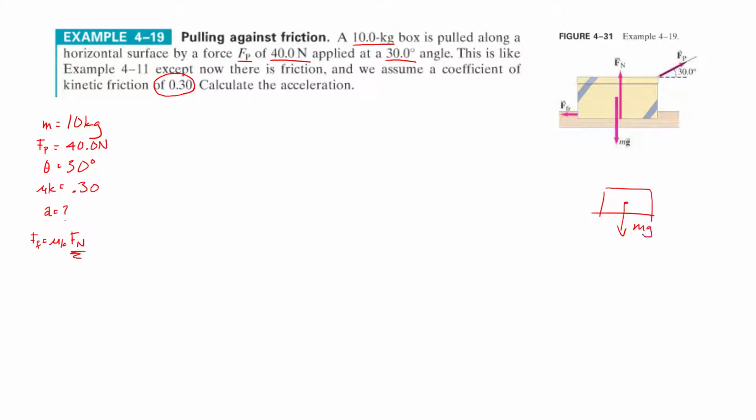We know there's mg, we know there's going to be F normal, but these two are not going to be the same size because we also have this 30 degrees thing, where this is 40, and then this has to be 40 sine theta, if you remember, up and down is always sine. That means this is 40 cosine theta.